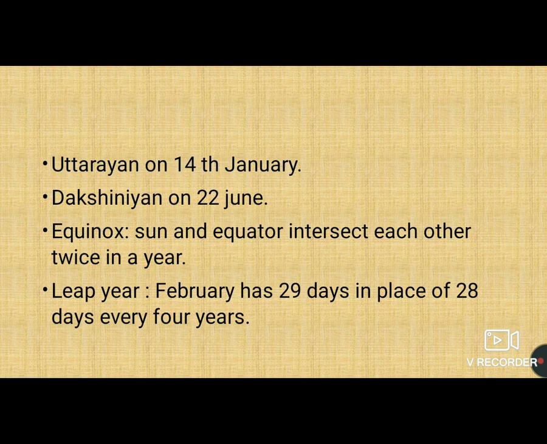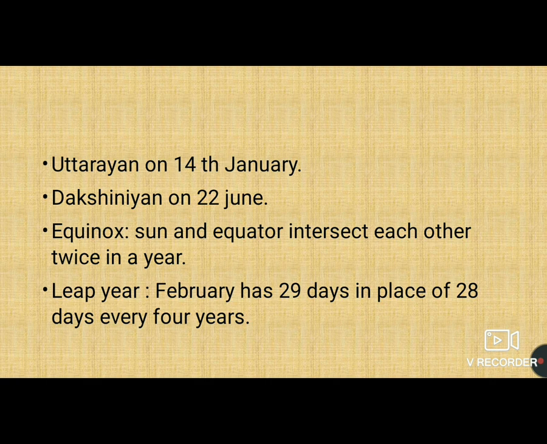On 21st June, the longest day and shortest night is experienced in the northern hemisphere. Thus, days and nights become longer and shorter due to this. On 21st March and 23rd September, sun rays fall directly on the equator. Remember these two dates, 21st March and 23rd September, sun rays fall directly straight on the equator.